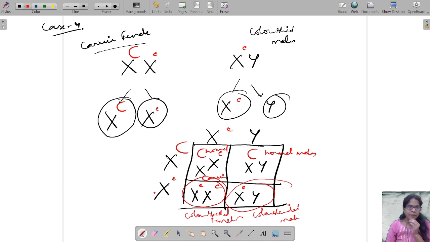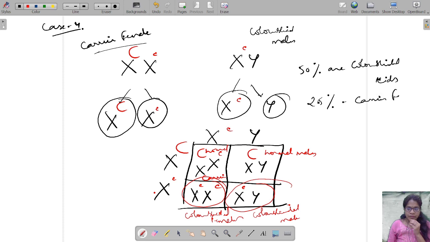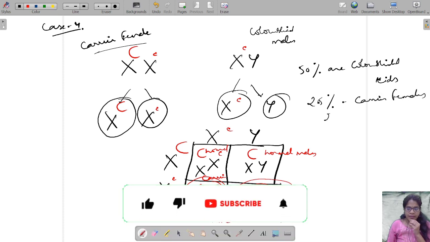So if you can interpret the value now, after crossing, what would happen? 50% are color blinded kids, right? And 25% are carrier females, and the rest of the 25% are normal males.